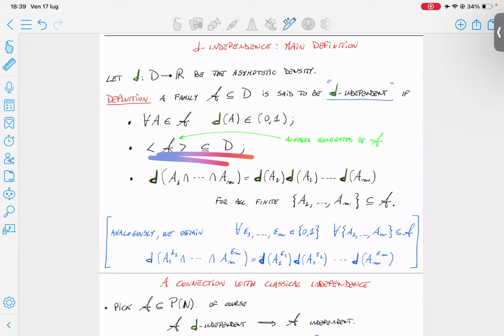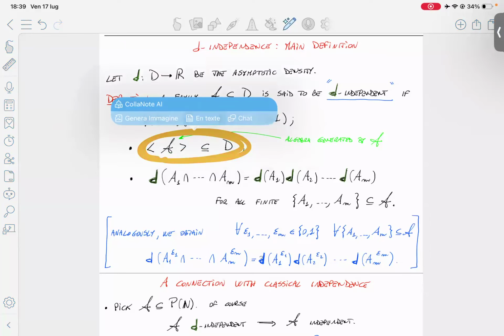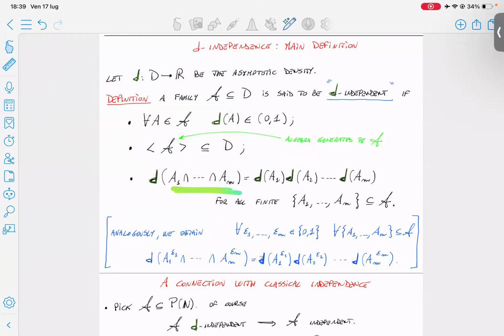And lastly, the second property, that the algebra generated by A is included in calligraphic D, has only one meaning: if you want to compute this intersection, then it is well defined. You can compute it. So the intersection is inside the family calligraphic D, so the density of that intersection exists.